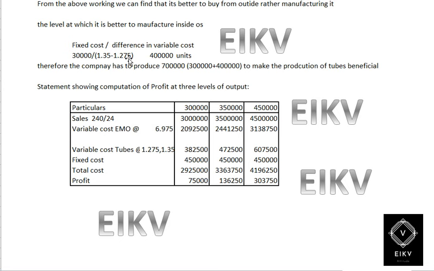That is, fixed cost is 30,000 divided by 1.35, the cost purchased from outside, minus 1.25, the manufacturing cost. Therefore the units will be 4 lakh units. Therefore the company has to produce 4 plus, already we have 3 lakh capacity, therefore 4 plus 3, 7 lakh units to make the production of tubes beneficial.